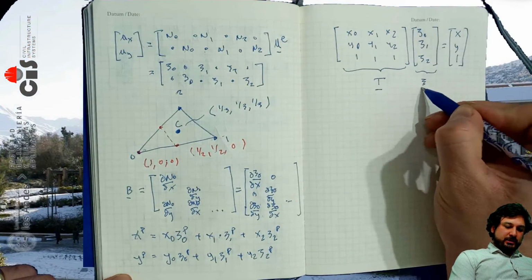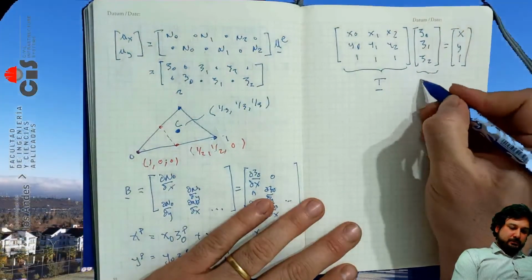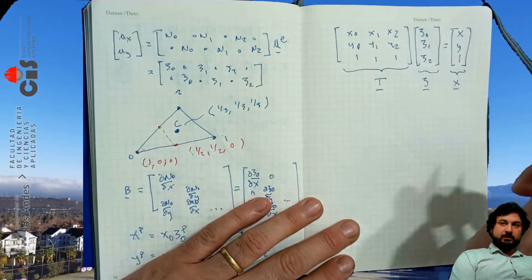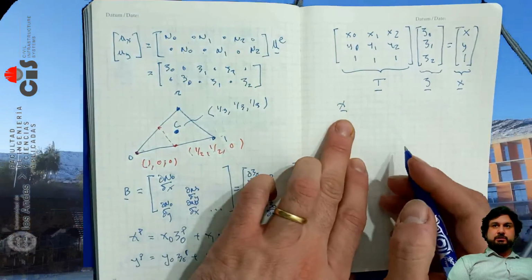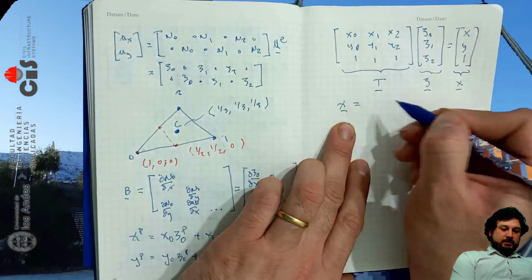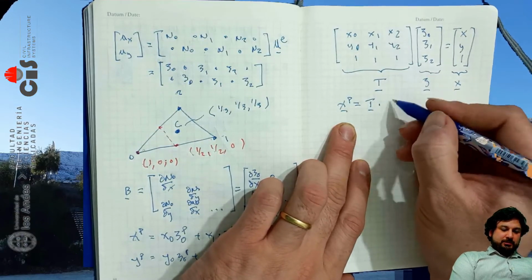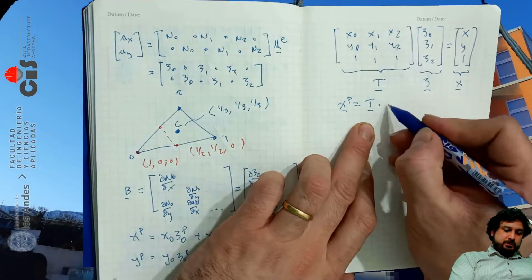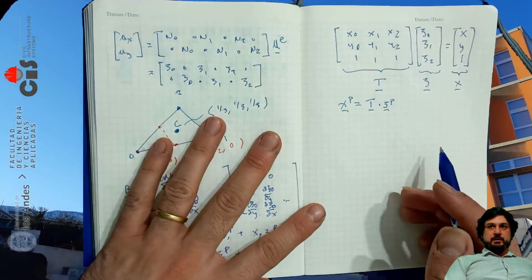These are just the triangular coordinates. This is a zeta, like this. This vector is just, call it x. So the xy coordinates of a point P are given by this transformation, which is a function of the nodal coordinates, times the zeta coordinates of that point.